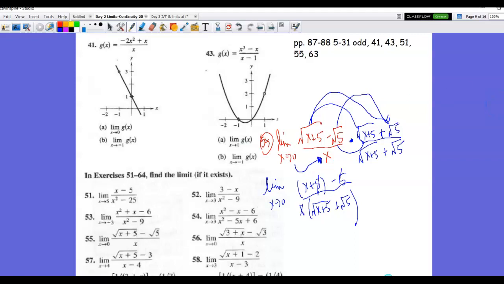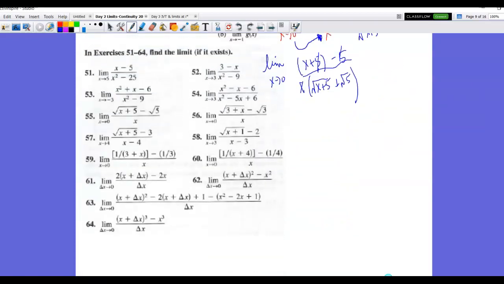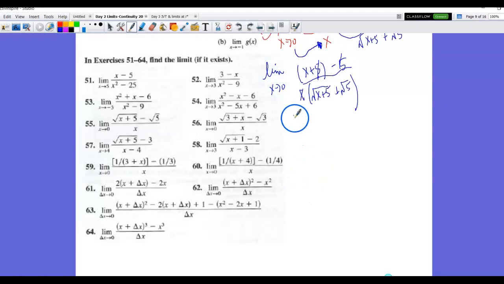Whoops, too much. And so that leaves me with, I still keep the limit because I haven't found it yet, x over, and in the denominator I have the square root of x plus 5 plus the square root of 5. I'm going to substitute 0. Oh, wait, no, I got too excited. It's actually pretty late right now, guys, and I'm kind of tired.